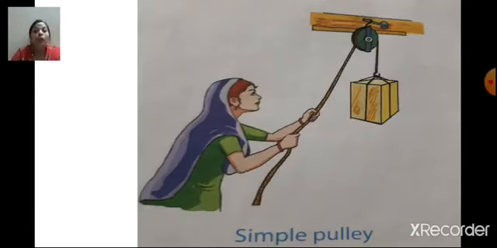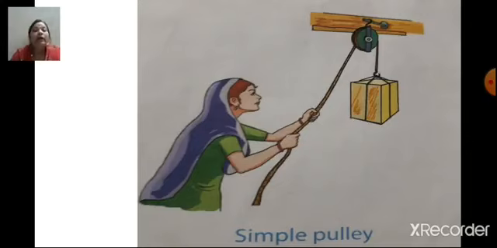Now, next is a pulley. Children, you must have seen in the pictures at least somebody pulling water from the well, and that whole setup is known as a pulley. Now in a pulley there is a wheel with a groove in it, okay, and around the wheel there is a rope, and on one side of the rope there is a load, and on another side, as you can see, we apply effort to bring that load up.